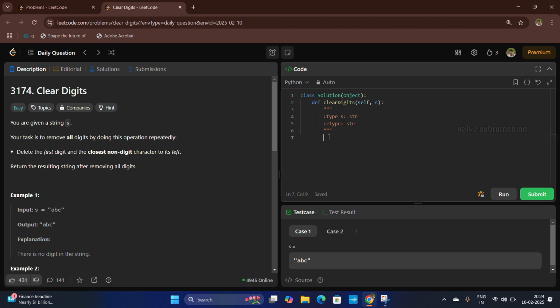We will solve today's problem with a stack. stack equals empty list. for character in s: if character.isdigit(): stack.pop().